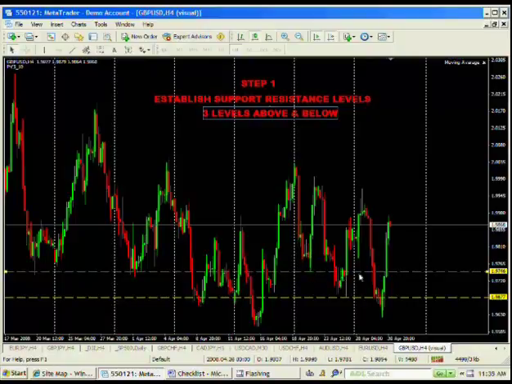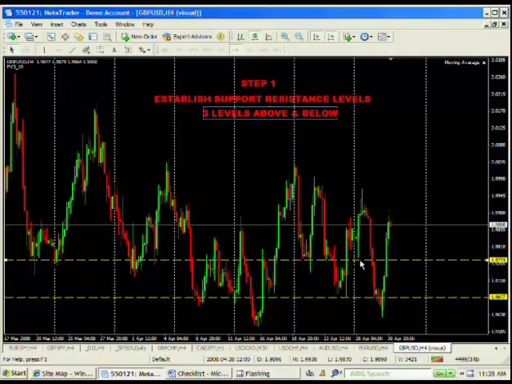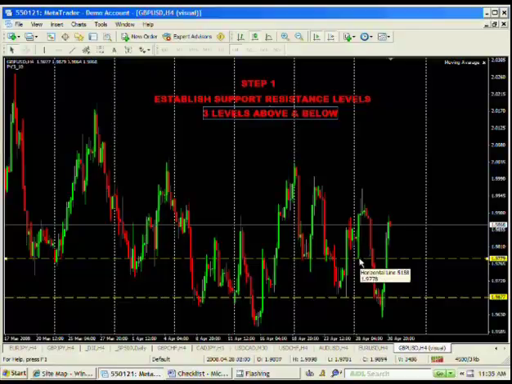But really we want to take it here because this is more primary to the current move. This is resistance, which is the most primary to the current up move. So we have a resistance 1 level here, 2 levels here, and where would our third level be?